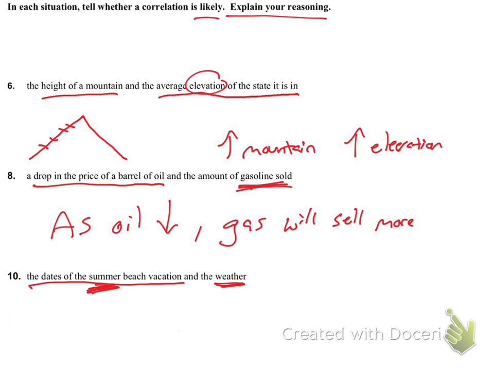So the days of the summer beach vacation correlate with warmer temperatures. However, it's not really specific enough to say will it rain, will it be cloudy, or will it be too humid, etc.